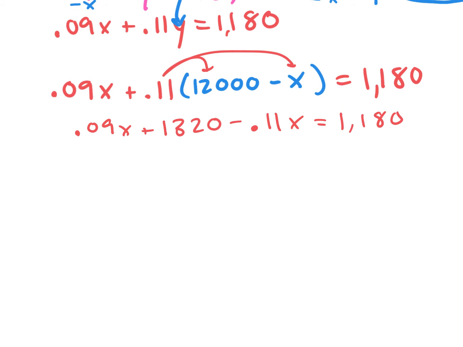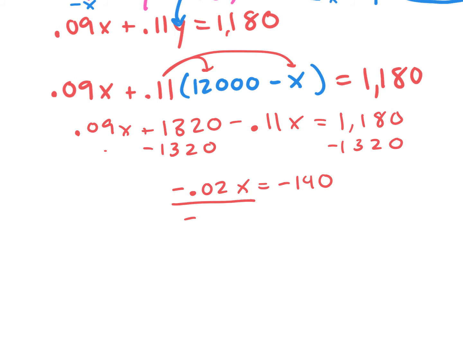What do I do next? Combine like terms, so I'm going to move 1,320 to the other side and then add these two together, so I get negative 0.02x is equal to negative 140, and then divide both sides by negative 0.02.